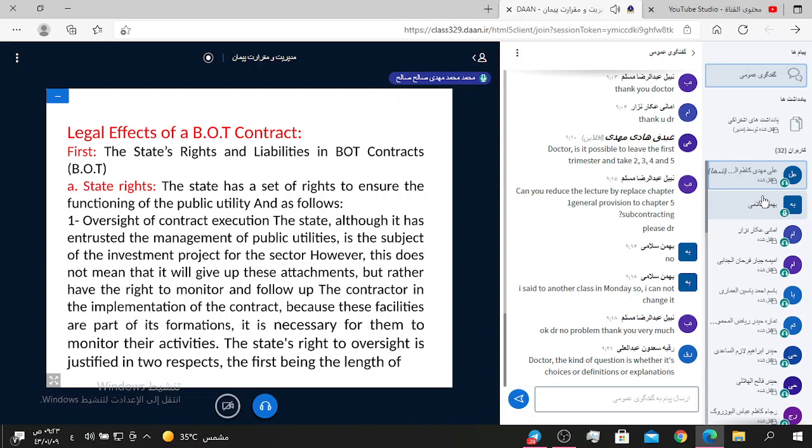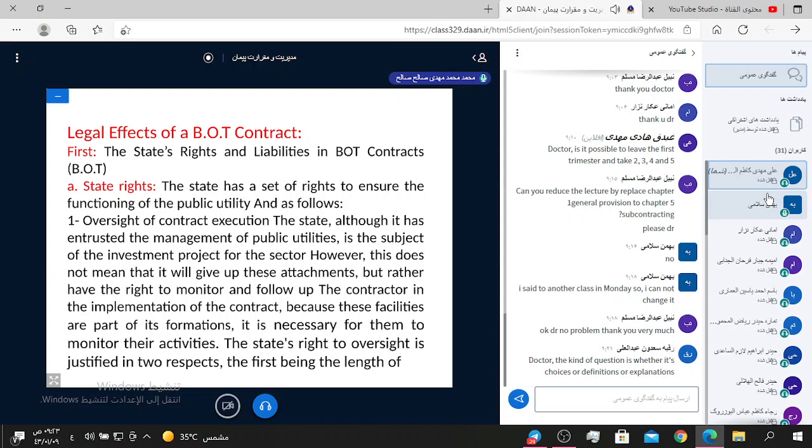The state, although it has entrusted the management of the public facility, which is the subject of the investment project for the private sector, does not give up its attachment to it, but rather has the right to monitor and follow up the contractor in the implementation of the contract, because these facilities are part of its formation. It is necessary for it to monitor their activities.